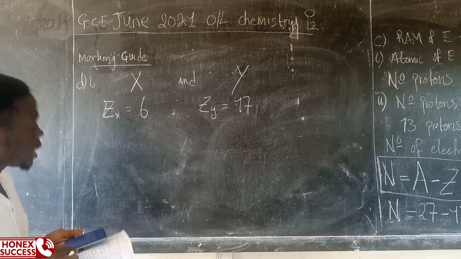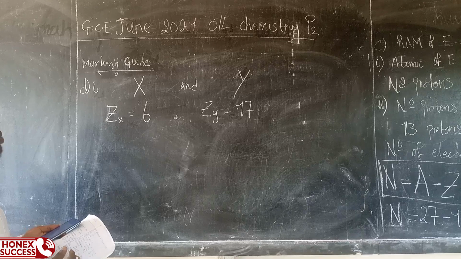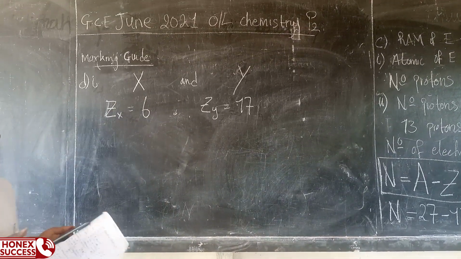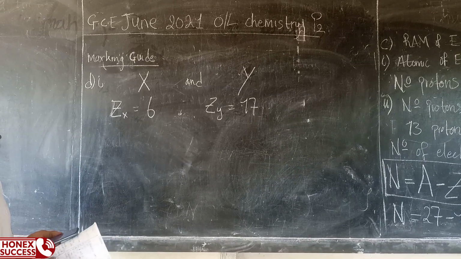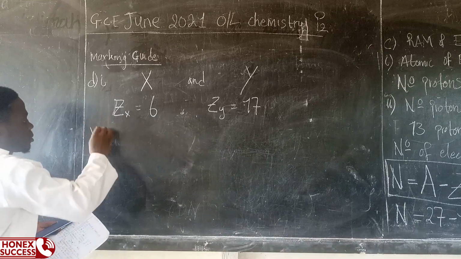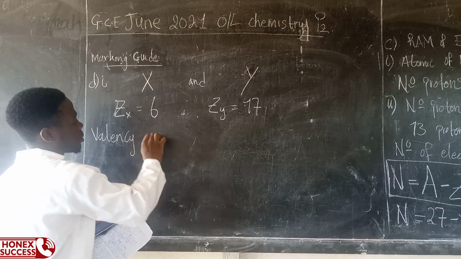Now Roman 1 says write the formula of the compound formed between X and Y. So we have to write the compound that is formed between X and Y. Compounds are formed with the notion of valency. Now what is a valency?